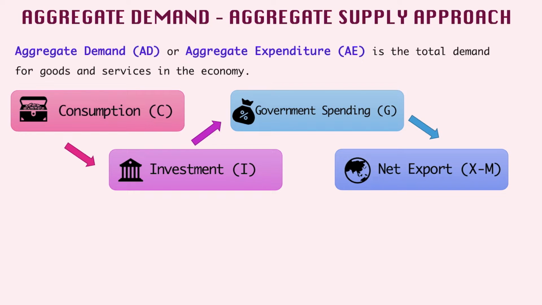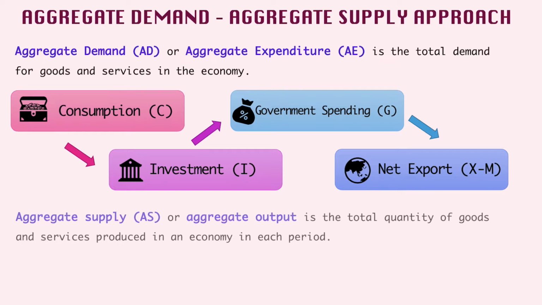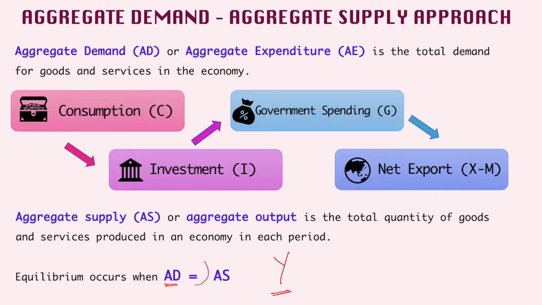These four items we include under aggregate demand, whereas the aggregate supply, AS, or aggregate output is the total quantity of goods and services produced in an economy in each period. So we get the value of Y when the aggregate demand equals the aggregate supply.